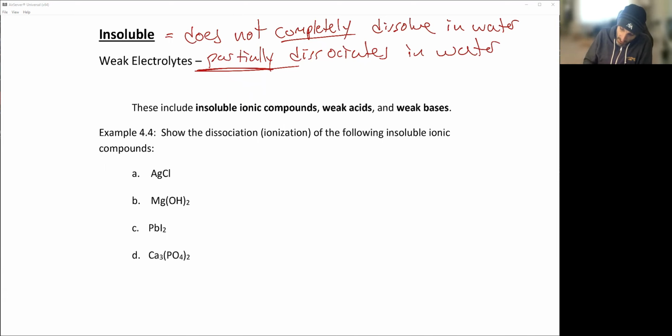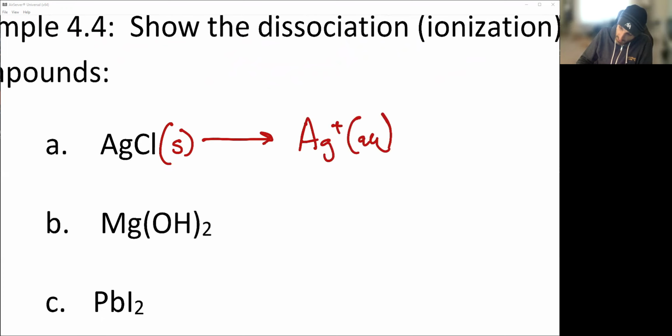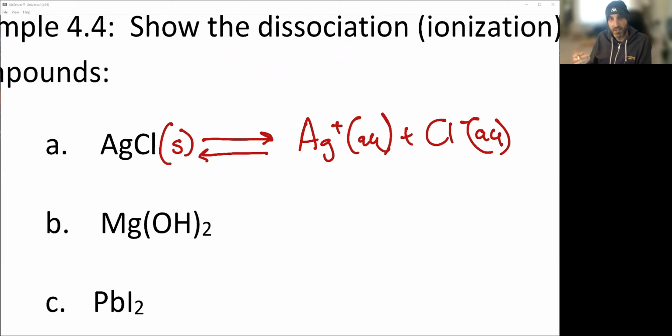But if I look at my first example, silver chloride, it is a solid and it only partially dissociates. So it turns into Ag+ aqueous and Cl- aqueous. But there's a double-sided arrow here. The silver chloride turns into silver and chloride, but the silver and chloride also come back together to form the solid.